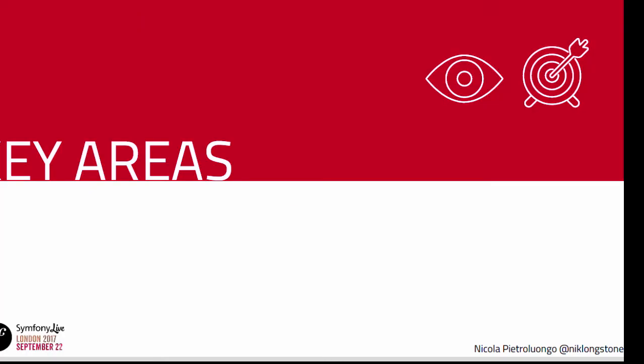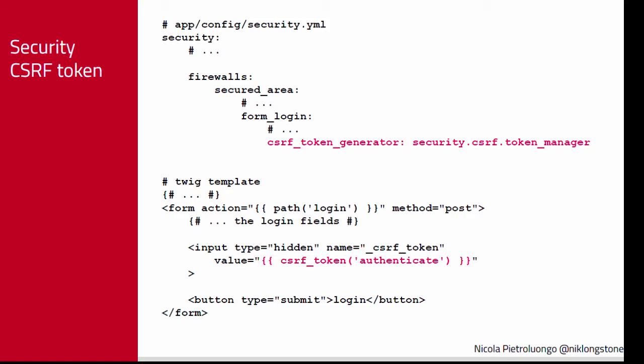Key areas. We are talking about some level of checks that are valid all over the layers we saw before. So it's not another layer, but those are valid everywhere. We are talking about security, logging, and performances. About security, this is another example.